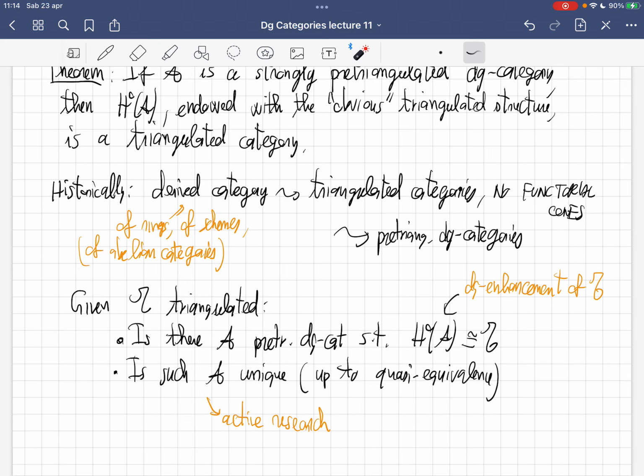We didn't deal with them, but you can have this notion of triangulated functor between triangulated categories, and you can ask if it comes from something between DG enhancements. Even when you have unique DG enhancements, it could happen that you don't have a unique lift of your given triangulated functors.